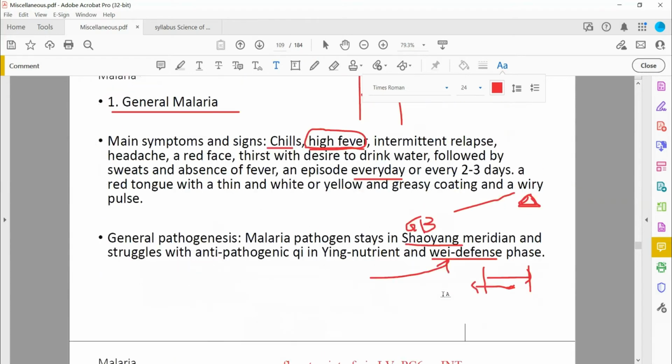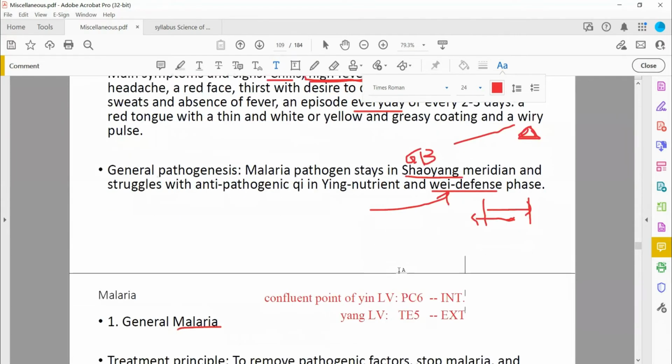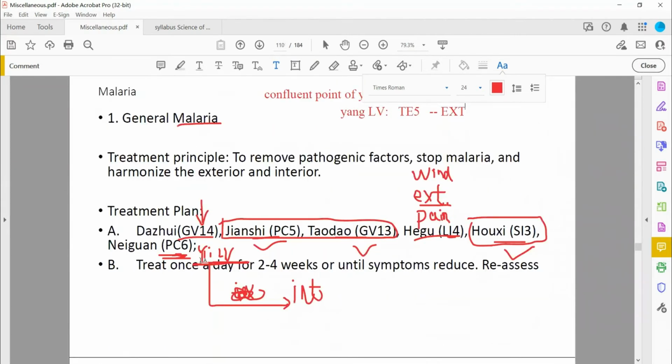Well, let's take a look at any other things. With PC6, if there's a high fever, it could disturb the heart mind, so we can still use PC6.